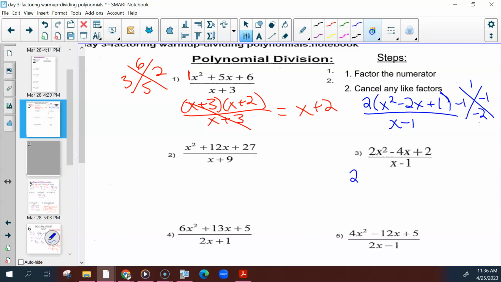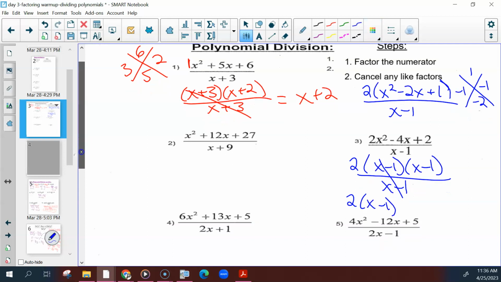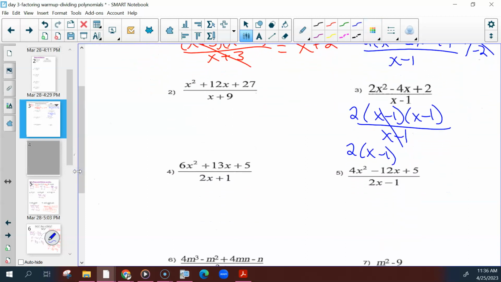So keep bringing that 2 down, but then we have x minus 1 and x minus 1. This would only cancel with one of them, not both. So you can leave your answer as 2 times x minus 1, or you can distribute it. Either or. Questions on that one?